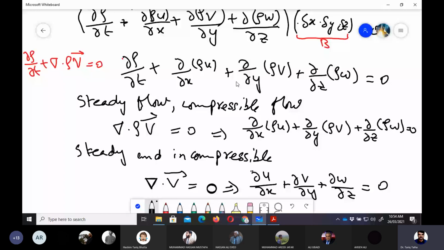Is there any difference between the first equation and the second equation in terms of solution? The first equation is non-linear because the dependent variables are being multiplied, so its solution would be quite difficult. But the second equation is a linear equation, so its solution would be quite easy.